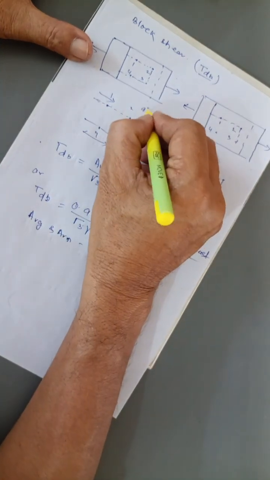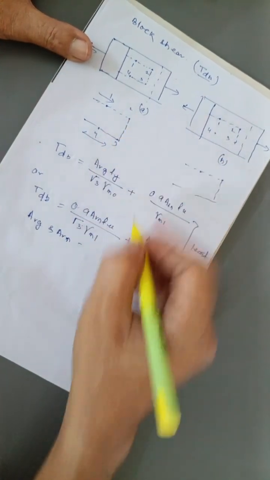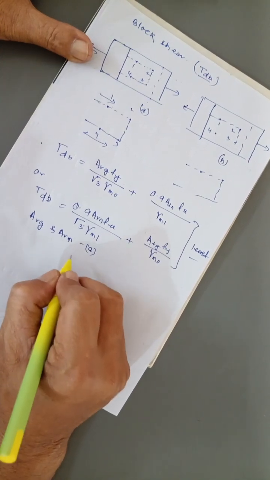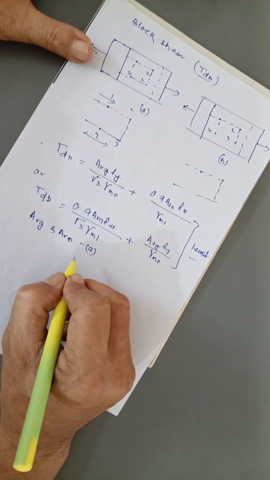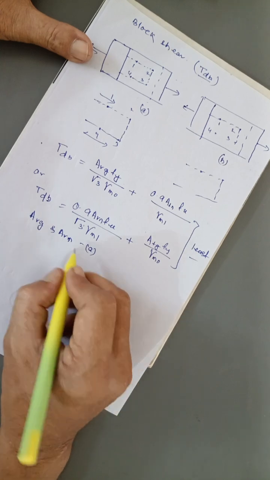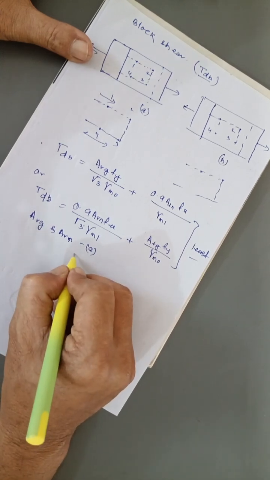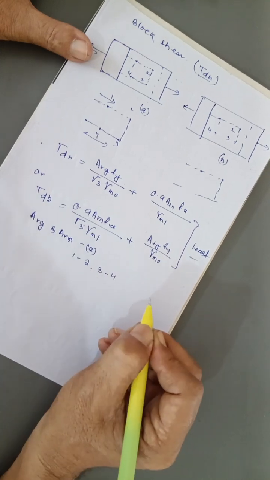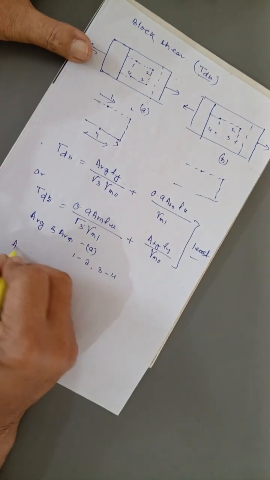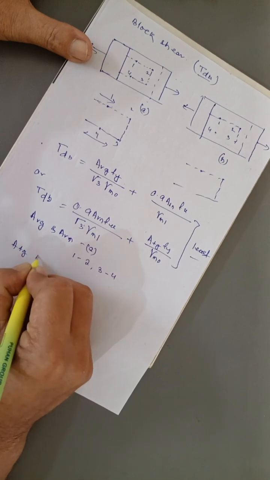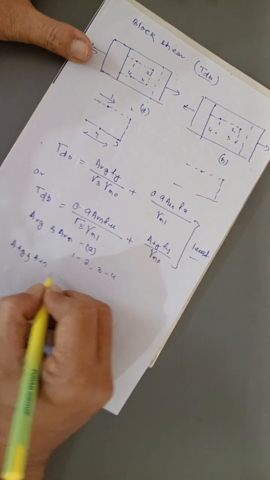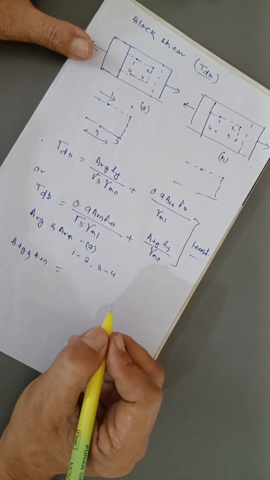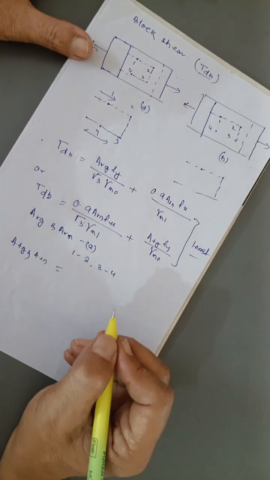In figure A, the minimum gross and net area in shear is along the line 1 2 3 4. ATG and ATN are the minimum gross and net area in tension.